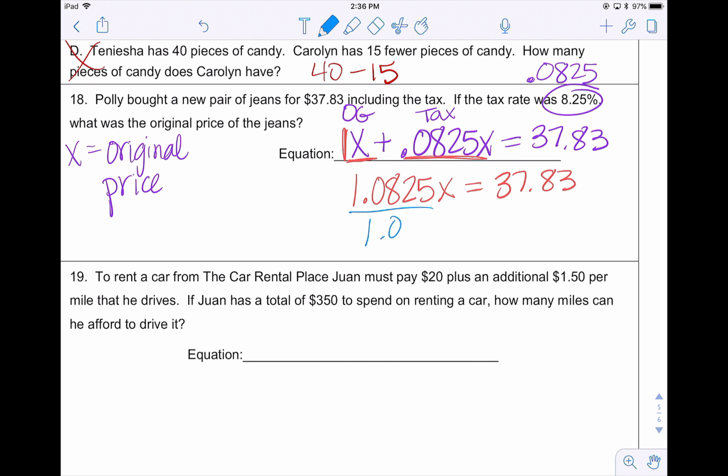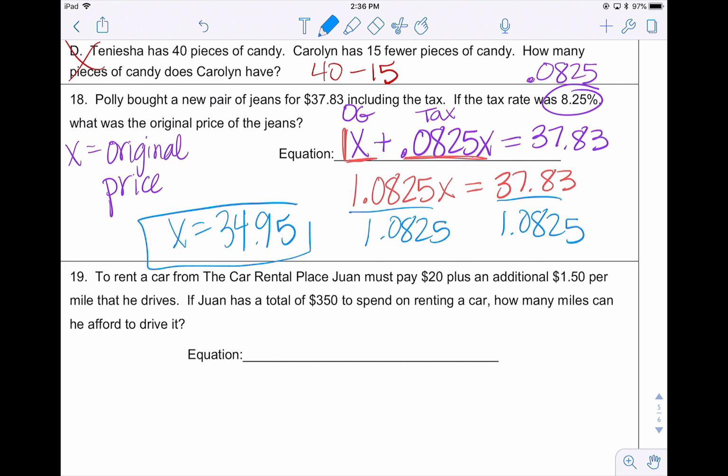And then I'm going to divide both sides by 1.0825. And when I do that in my calculator, 37.83 divided by 1.0825, I get $34.95. Make sure you round correctly.